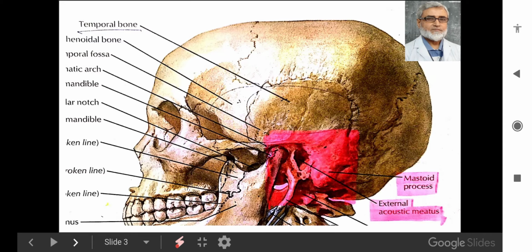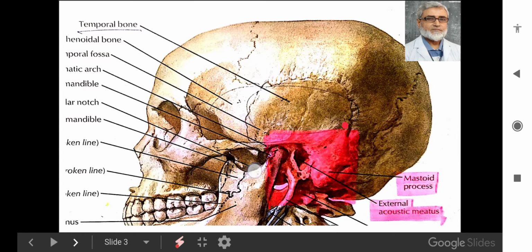This portion is your anterior portion: frontal bone, orbit, and mandible with alveolar borders. This is the occipital bone, the mastoid process here, and the temporal bone region. So the region of external ear, middle and internal ear lies here.